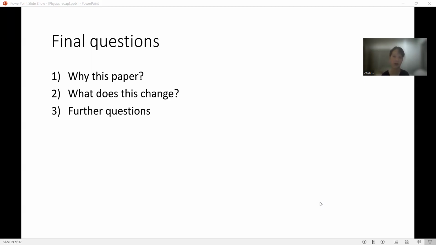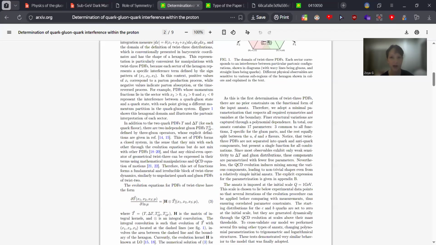Even though I didn't highlight it, it did talk a little bit about existing data from which it pulled this fit. Actually, what am I saying? I have the paper pulled up. I can literally just show it to y'all now.